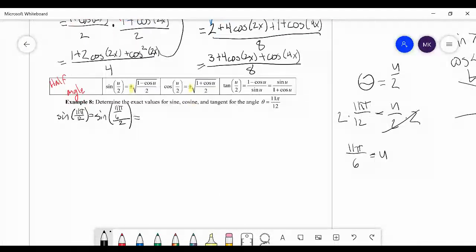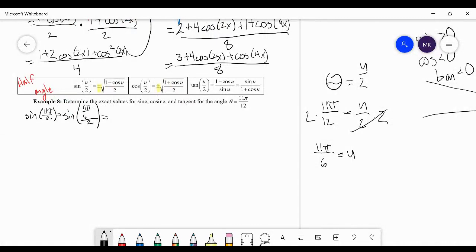So when I'm doing sine of 11 pi over 6 over 2, I need to choose the positive version. I'll put that in red because that's more of a note.